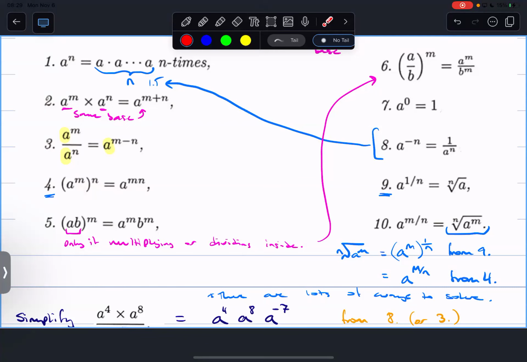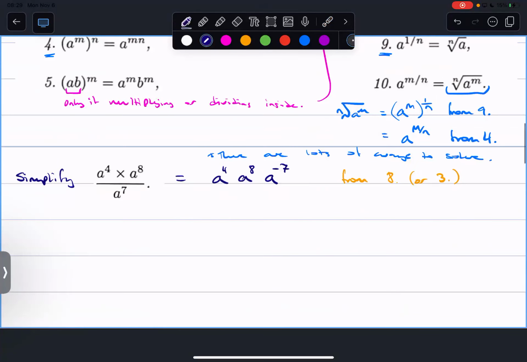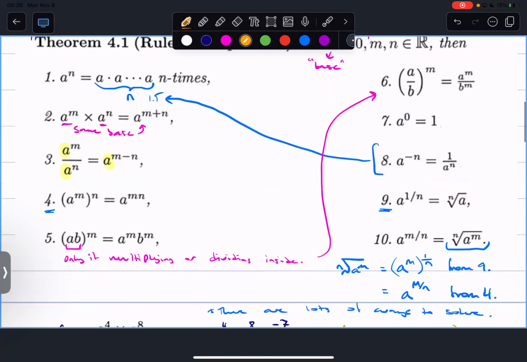Okay. So this becomes a to the power of 4 plus 8 plus negative 7, just to emphasize that we're adding, but it's a negative number. And so it's still true. It's going to be subtraction. And this is from rule 2.